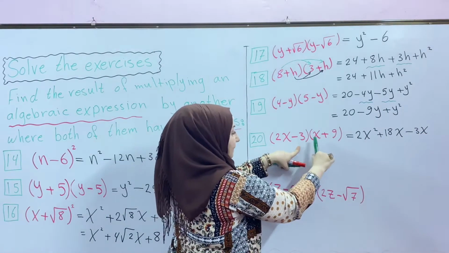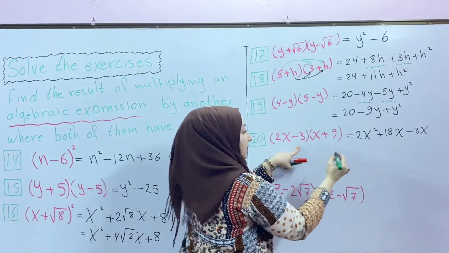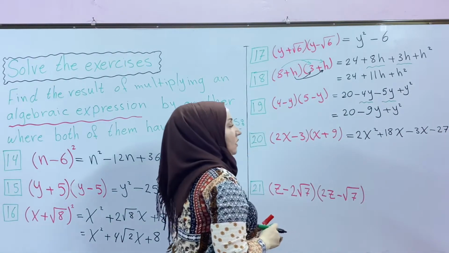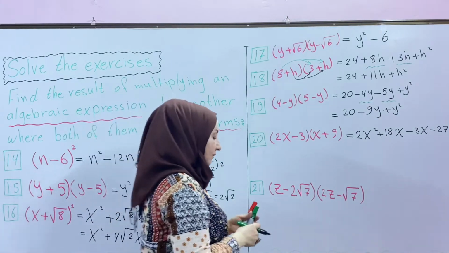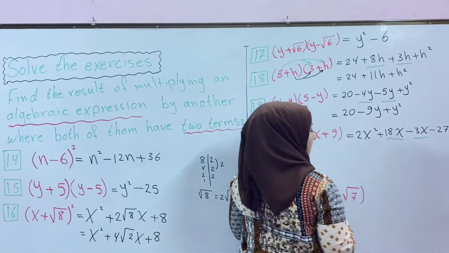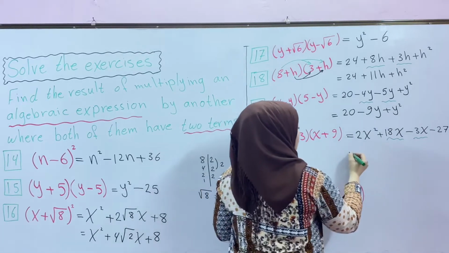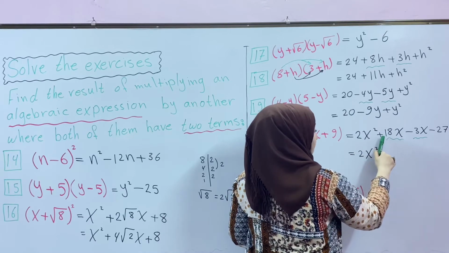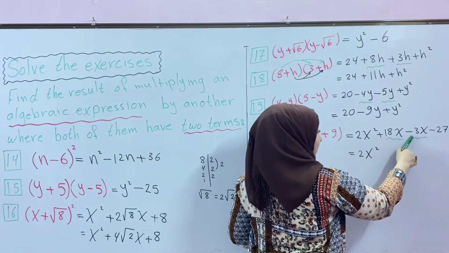Negative 3 multiplied by positive 9 is negative 27. Also we can simplify because we have similar terms. And it will be 2x squared, positive 18x minus 3x.